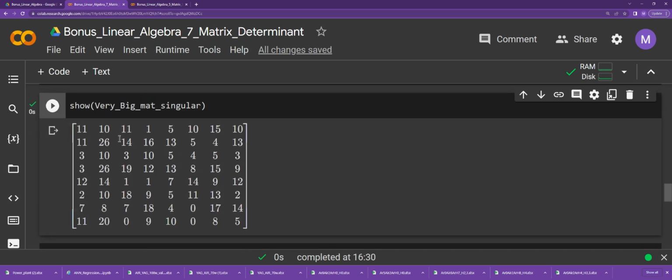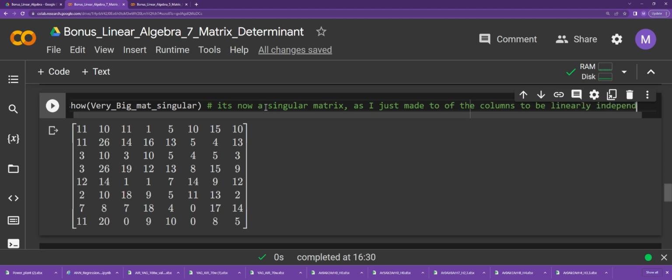So this matrix is no longer a linearly independent matrix. It's linearly dependent, i.e., it's a singular matrix, as I artificially made two of the columns linearly dependent.